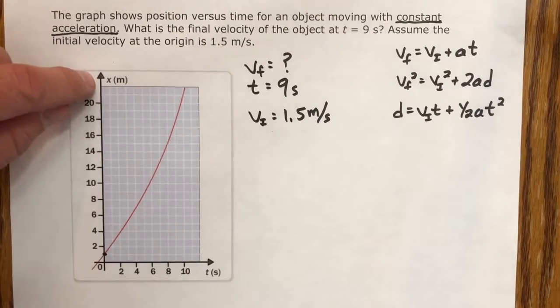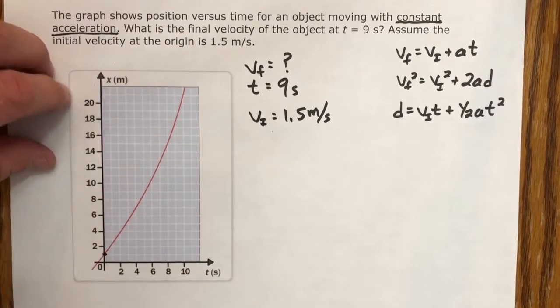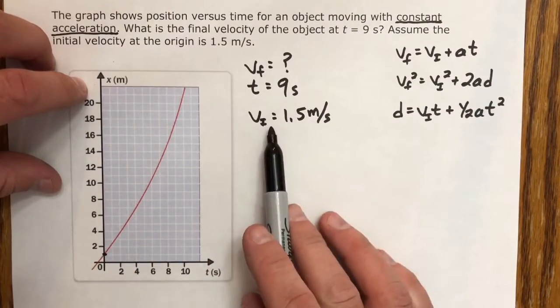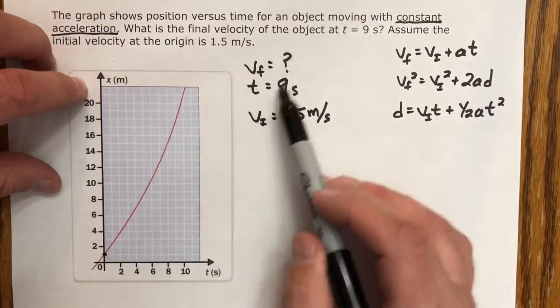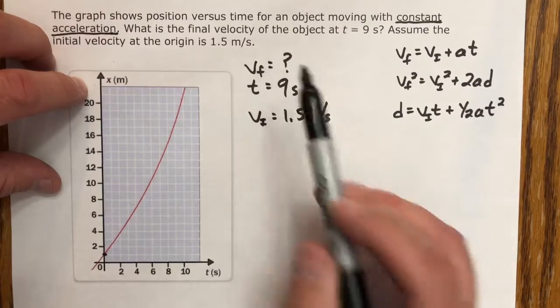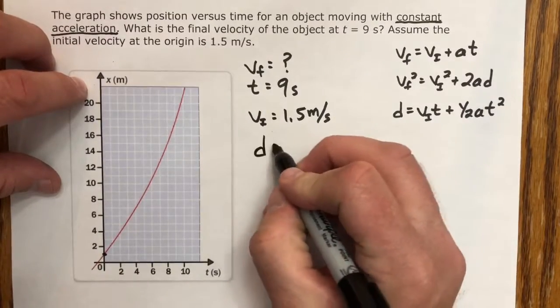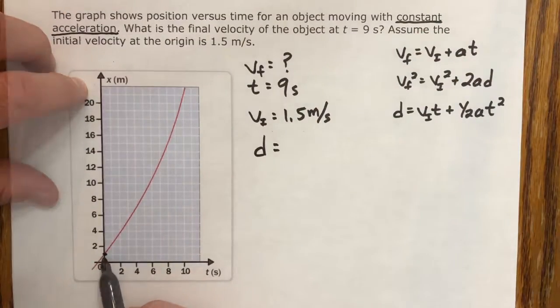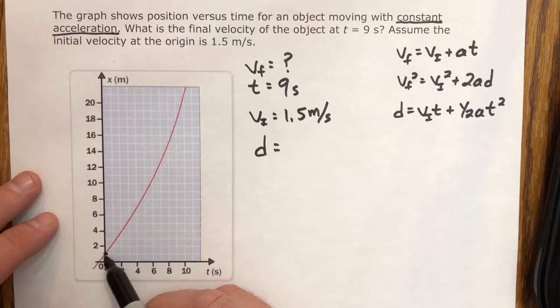This is a graph of position versus time. Now, if we have an object moving at 1.5 and then it stops moving at 9 seconds later at this velocity, we know a displacement has occurred. It has moved a distance. What is that distance? Well, here's where we find it. We know at the origin the object is at 1 meter because that's 2 and that's halfway in between it.